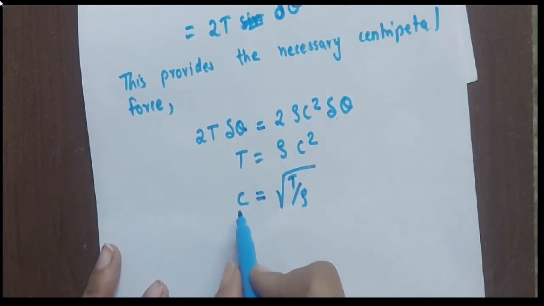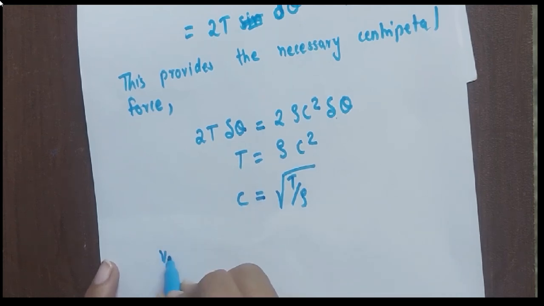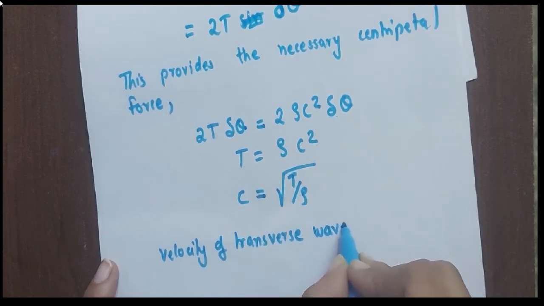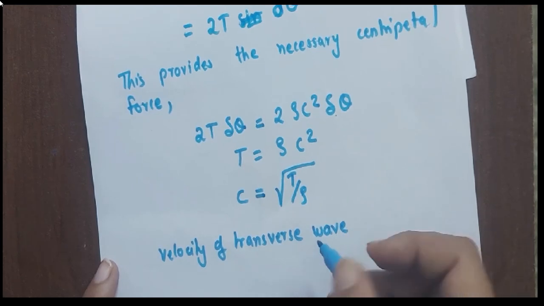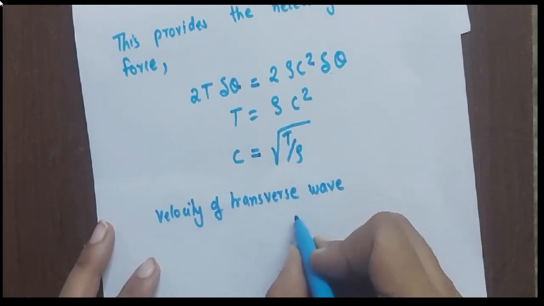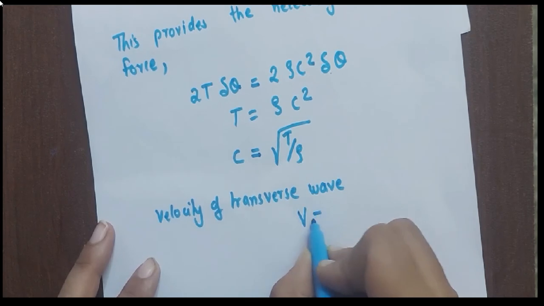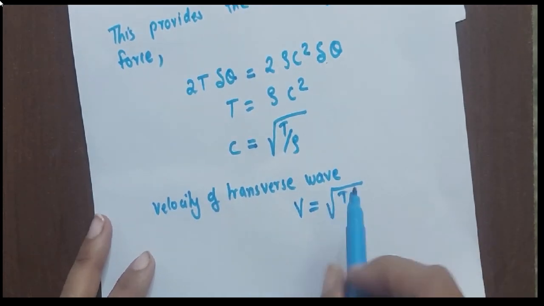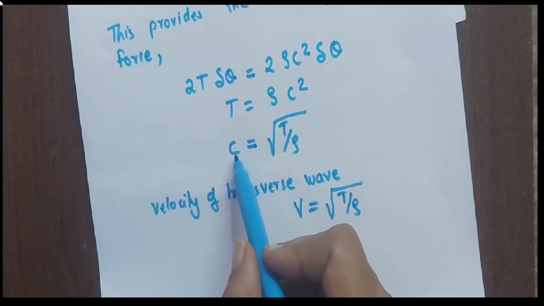So velocity of the transverse wave, we denoted it by C. Some of the books denote it by V. You can write V is equal to under root T by rho. Remember students, actually we are using C for velocity of light.